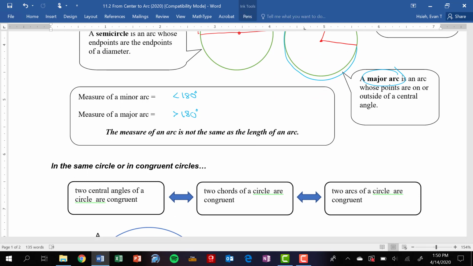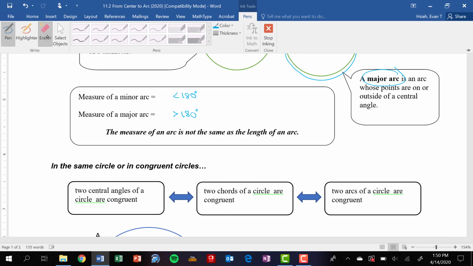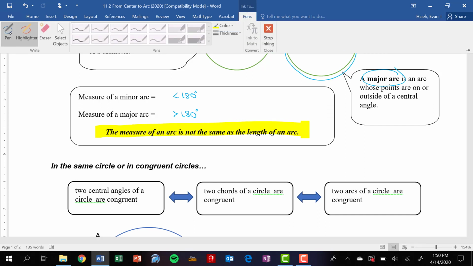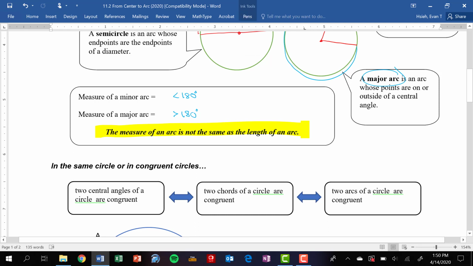And the one thing about all this stuff, and it'll make more sense when we get to the backside, is to keep in mind that the measure of the arc that we're talking about here is not the same as the length of the arc.